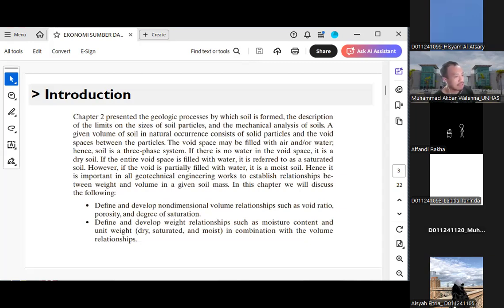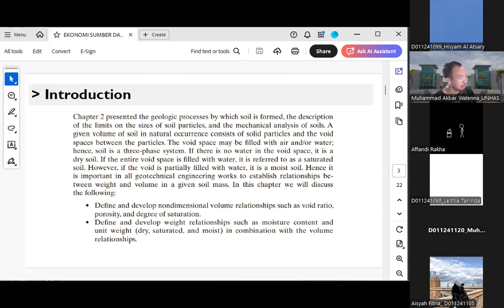Basically, understanding this information, you can definitely understand how to describe soil in terms of numbers, because we need to translate the concept of saturation, the amount of water, the amount of air, into the numbers of the soil parameters.